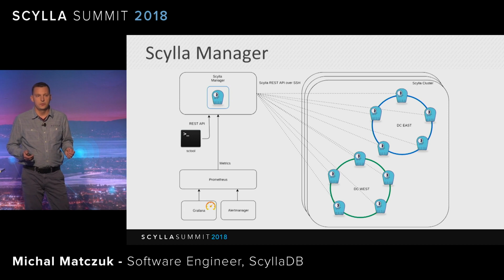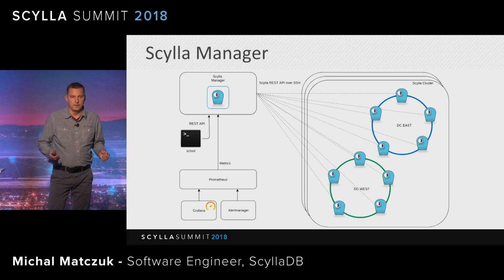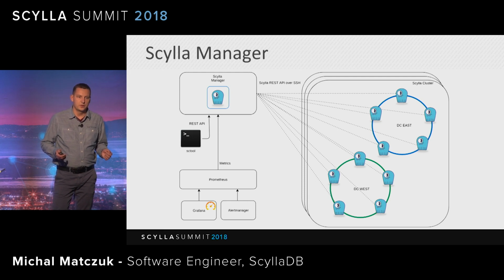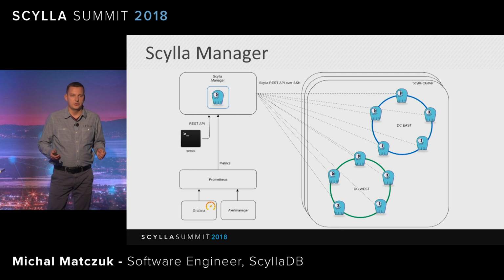Scylla Manager consists of two components, the server and a command line tool called scylla-manager CLI, ScyTool. The server exposes a REST API that's consumed by ScyTool. And ScyTool is intended to make using Scylla Manager easy.